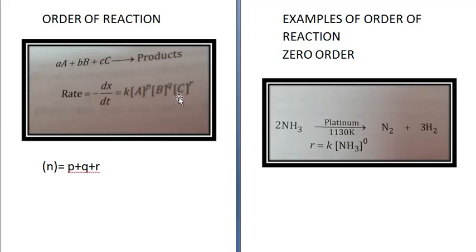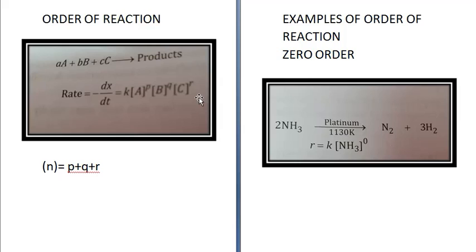So, why have we taken p, q and r, not a, b, c? Because if you take small a, small b, small c over here, then that becomes the law of mass action. But according to rate law, it is not necessary that p will be equal to a or q will be equal to b, or r will be equal to c. So we have taken p, q and r.